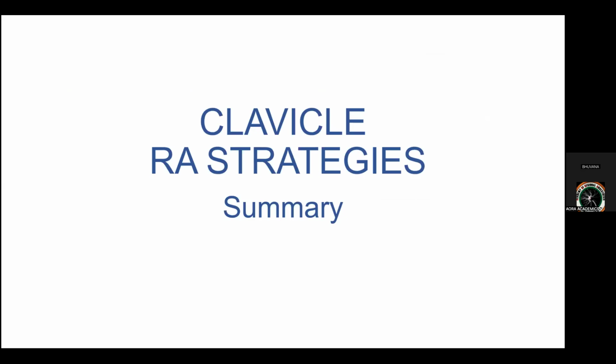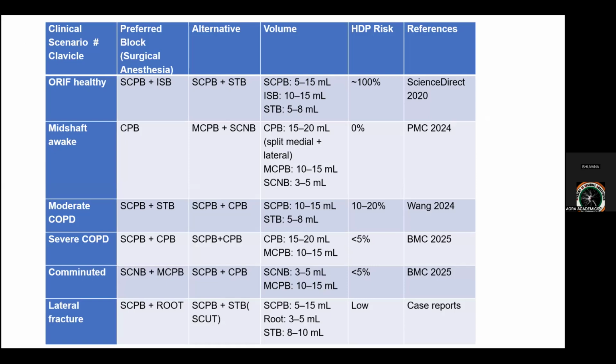The clavicle regional anesthesia strategies summary. These are the blocks with the clinical scenario, alternative blocks and hemidiaphragmatic involvement. In healthy patients undergoing ORIF for clavicle, we can go with superficial cervical plexus plus interscalene. That will give dense surgical anesthesia for the patient and surgeons.